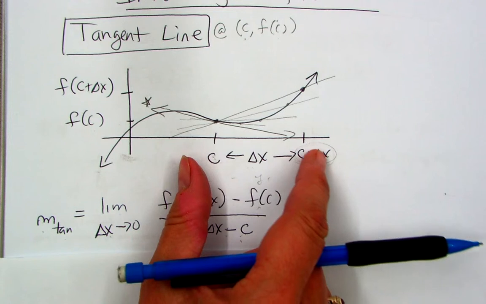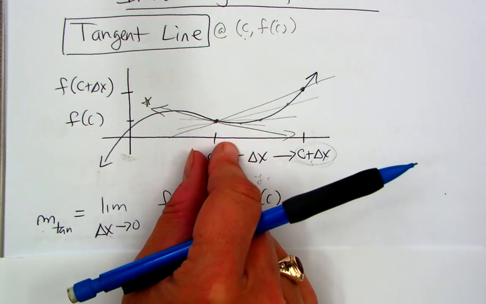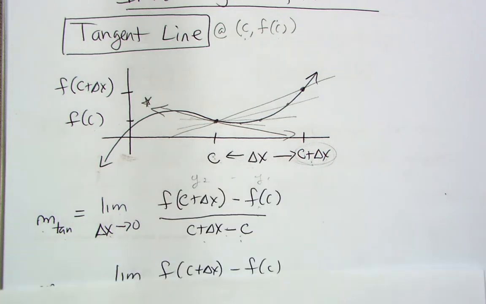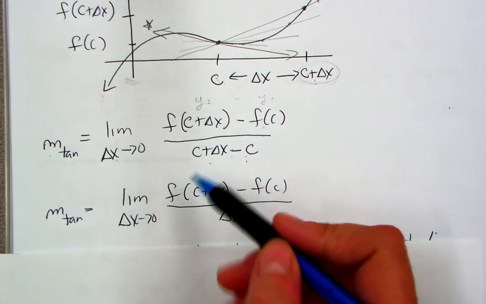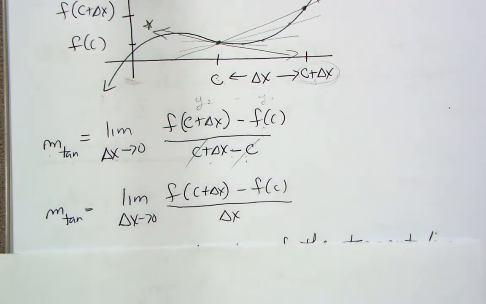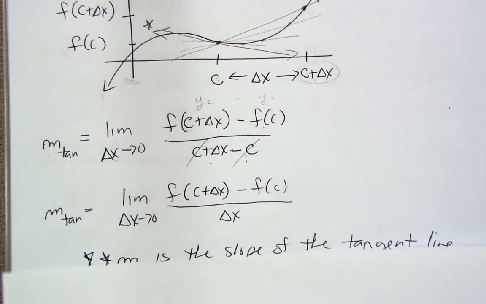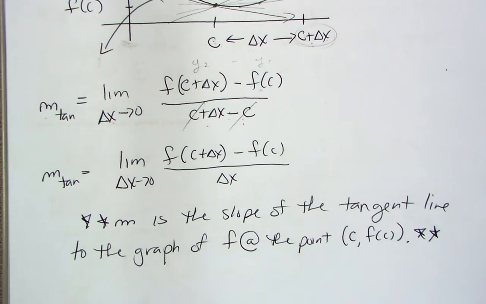I have to get closer as I'm approaching 0, as that distance goes to nothing. So let's start cleaning that up. In other words, I could cancel out my c and negative c. That goes to 0. So I'm going to leave it generic. I'm not going to do a specific example quite yet.